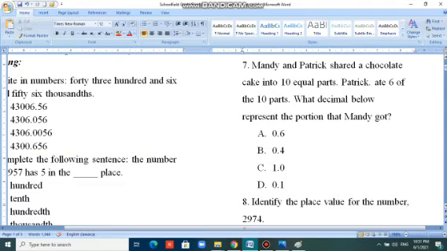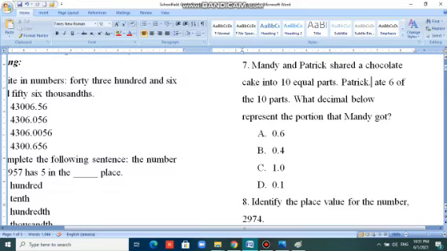Now, what decimal are they asking? What decimal below represents the portion that Mandy got? It couldn't be A, because Patrick ate 6 of the 10 parts. So it cannot be A. You want to find the decimal for Mandy.